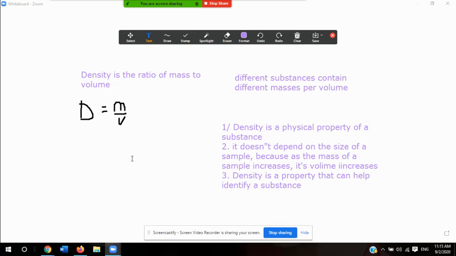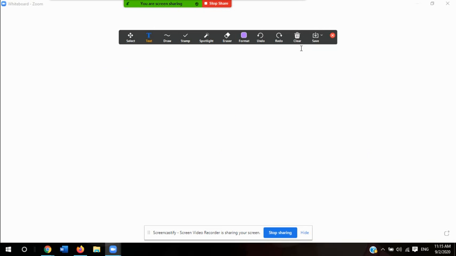So those are some important things that you'll find about density on page 36. And now let's go to the math part. This is on page 37. Let's go to the math part, which is what you're going to do in today's work. It's the problem on page 38, to be more specific, a sample practice.